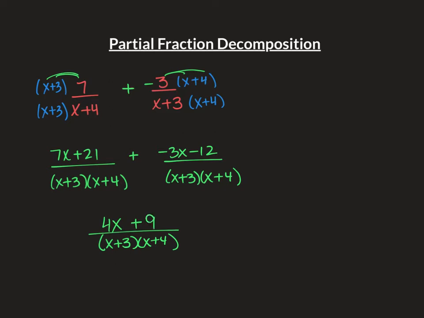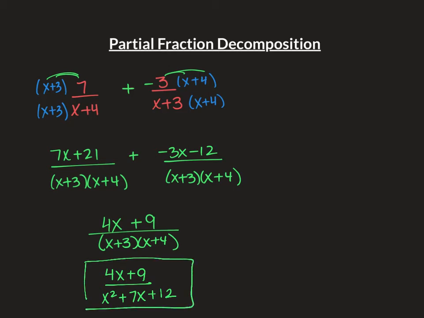And if we wanted to take this a step further to simplify, we could distribute out the denominator. So we could have 4x plus 9 over x squared plus 7x plus 12. And this would be the sum of these two fractions.